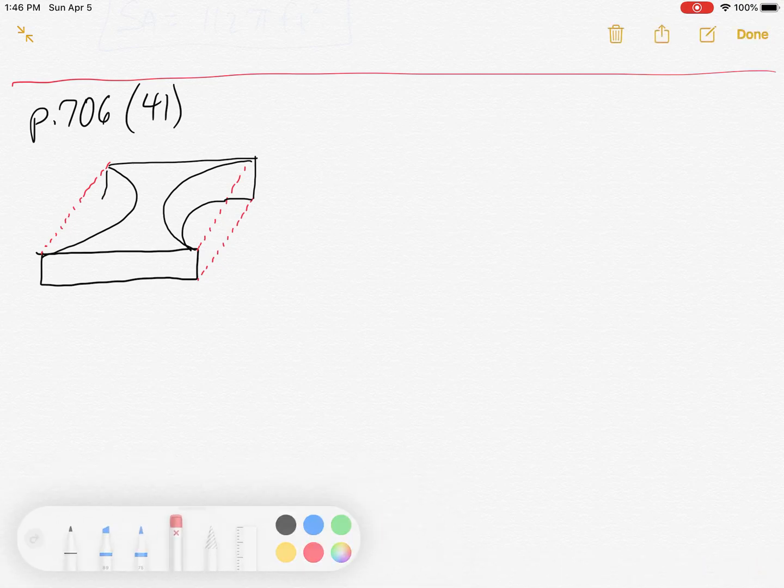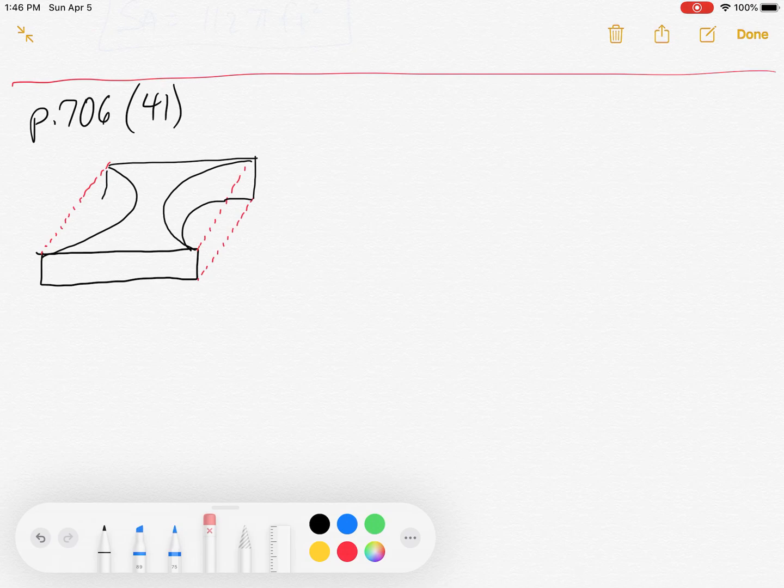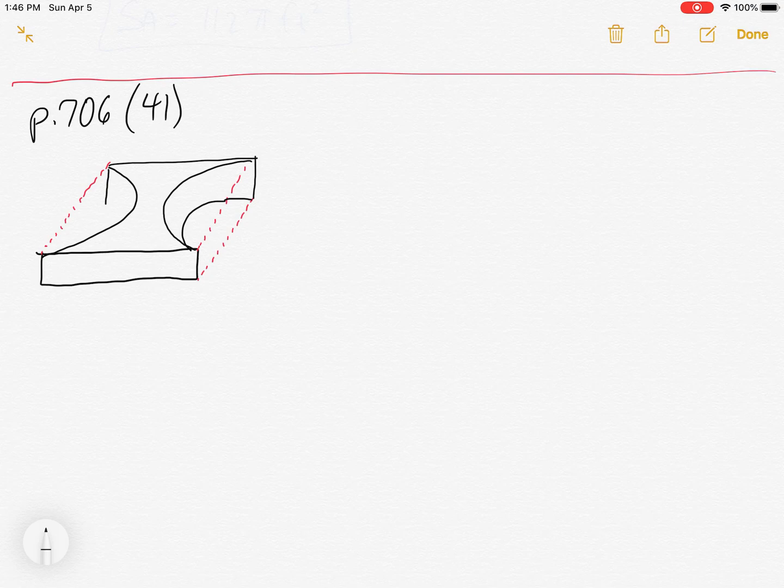I think I could do better than that. Okay, so here's the shape. That took up like 5 minutes. I probably should have paused the video for that. 3 inches, 10 inches, and this is 8 inches.